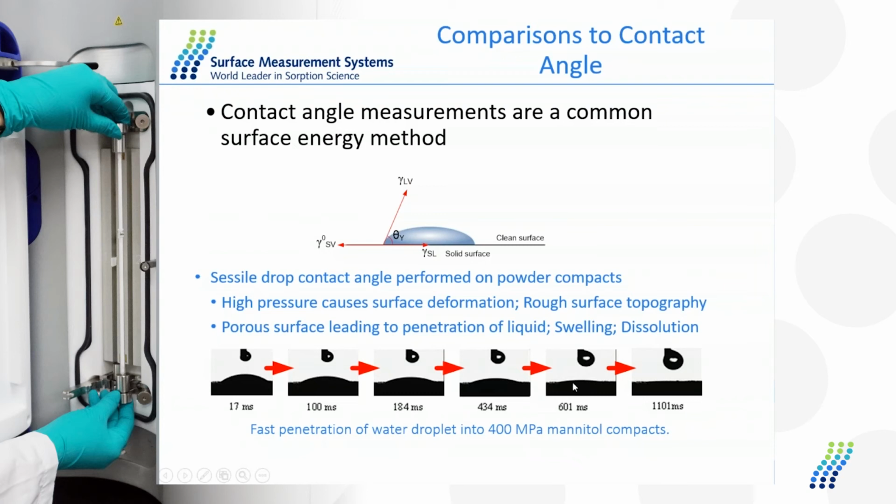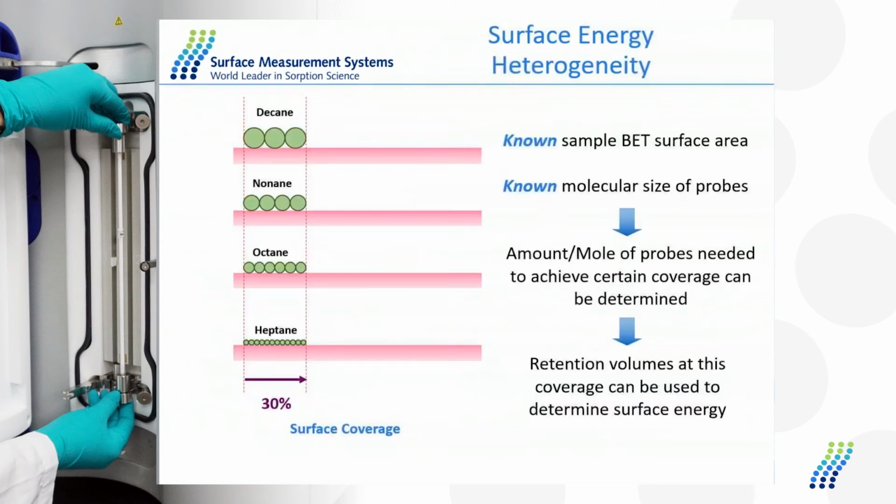One other aspect of inverse GC compared to contact angle or other liquid-based measurement techniques: they will give you a single value for surface energy, which is typically an average value. Inverse GC has the ability to get a range of surface energy values over a range of surface coverages, which allows you to get an energetic heterogeneity, essentially an energy map of the surface.